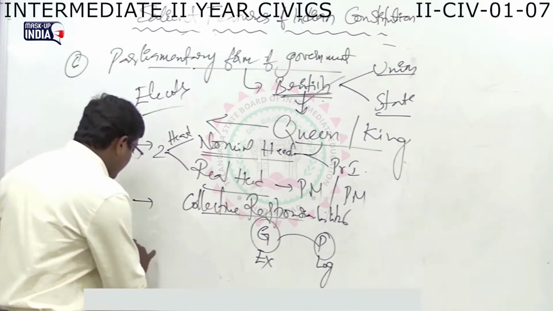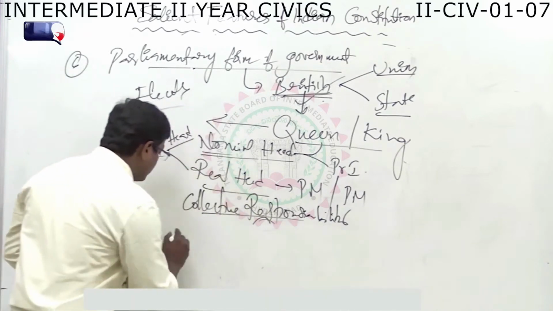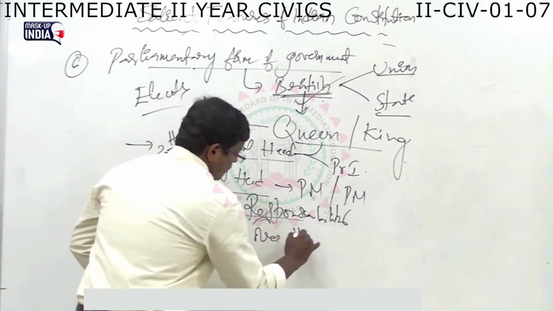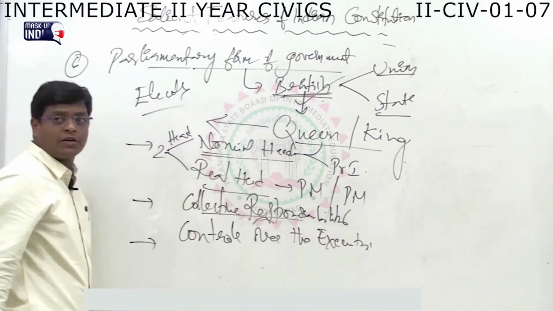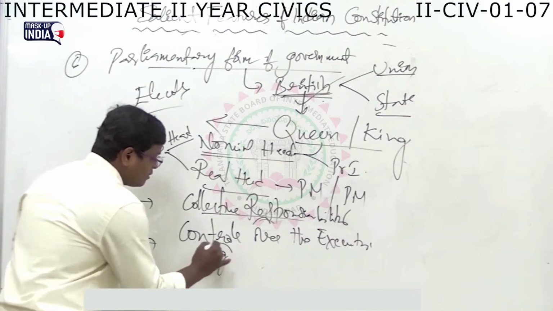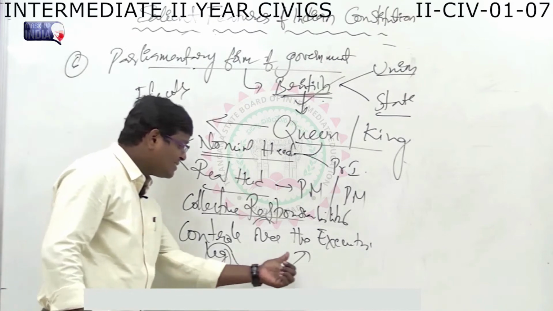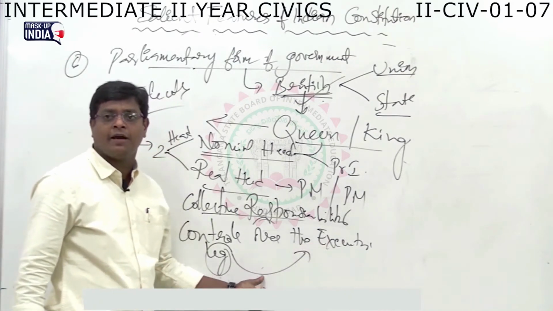Then, also control over the executive. Here, who controls the executive? The legislature controls the executive. So they ask questions to the Prime Minister and the Council of Ministers in the Parliament of India.